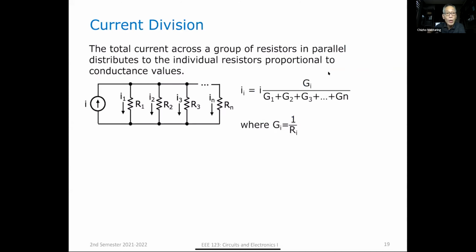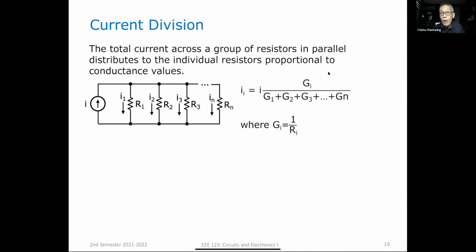Current division is the dual of voltage division. In voltage division, your voltages distribute proportional to the resistance values. In current division, your currents distribute to the different resistors in parallel this time according to conductance value. Okay. So for example, if I have just two resistors and they are equal, then the currents that will flow would be equal.